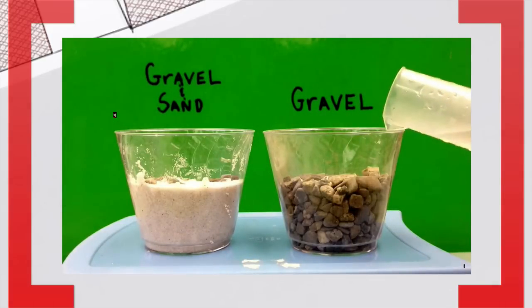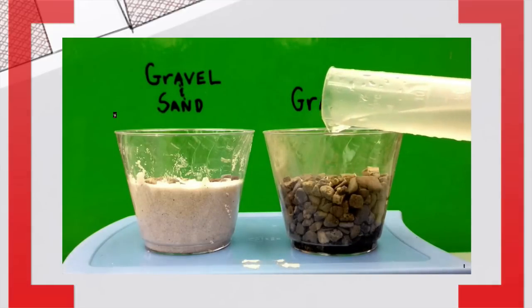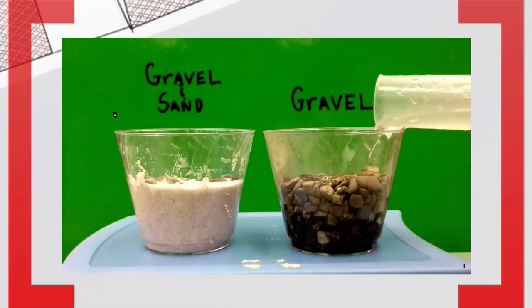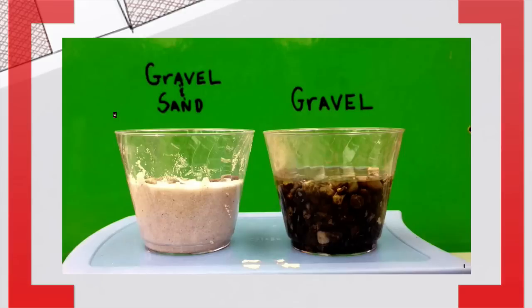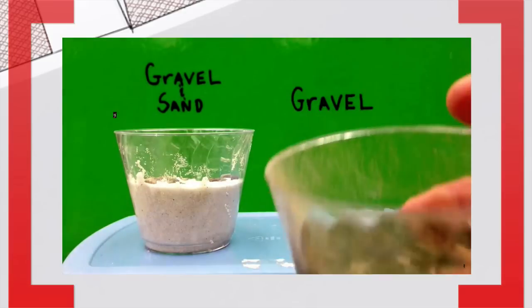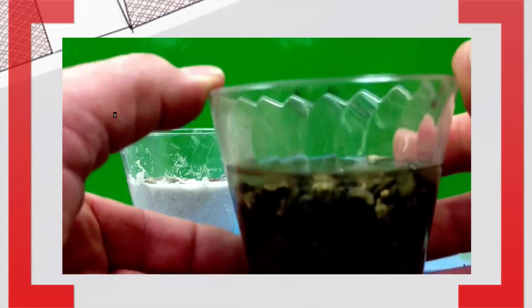Start with the gravel. As you can see, as I'm pouring it in there, I'm careful to make sure that all of the voids or pore space are filled up right to the very top. And right to the very top is really important, and we're going to check to make sure we've covered all of the gravel up to the top.